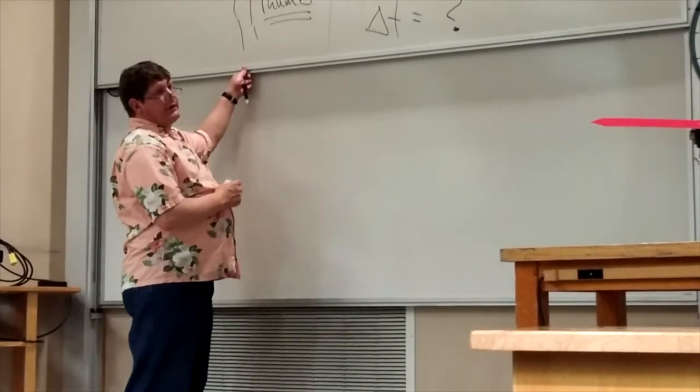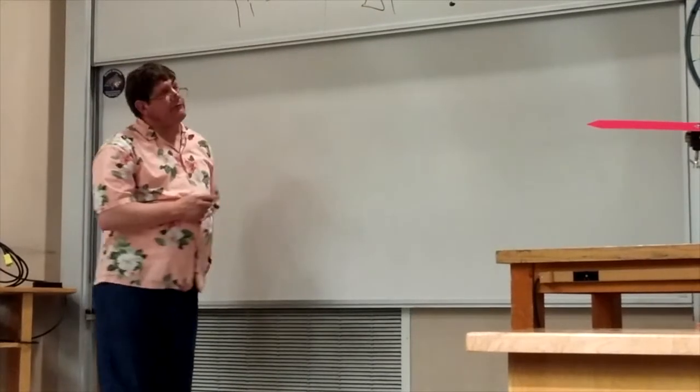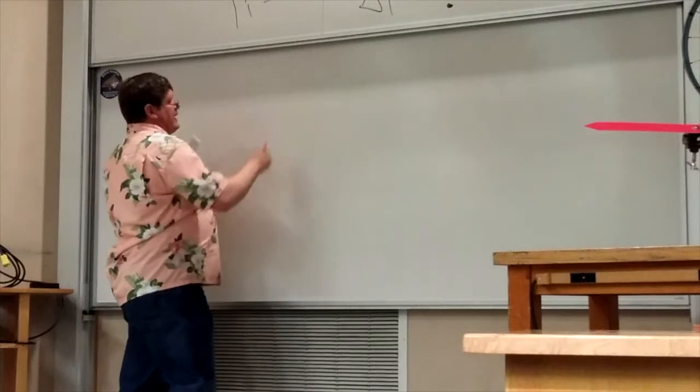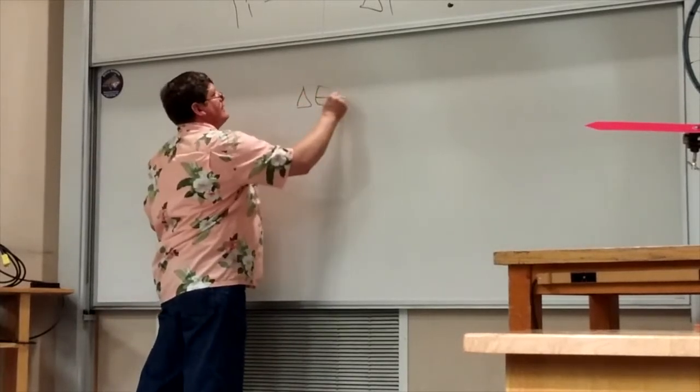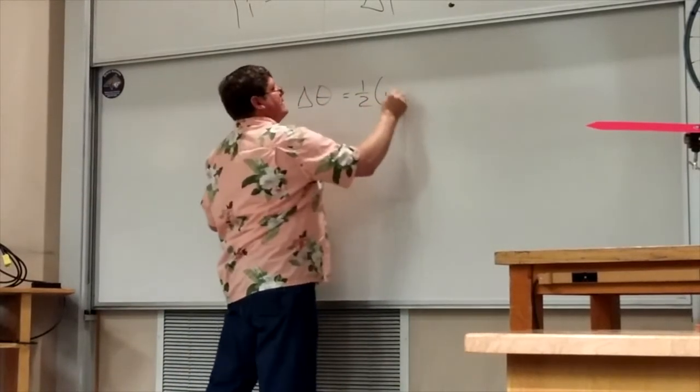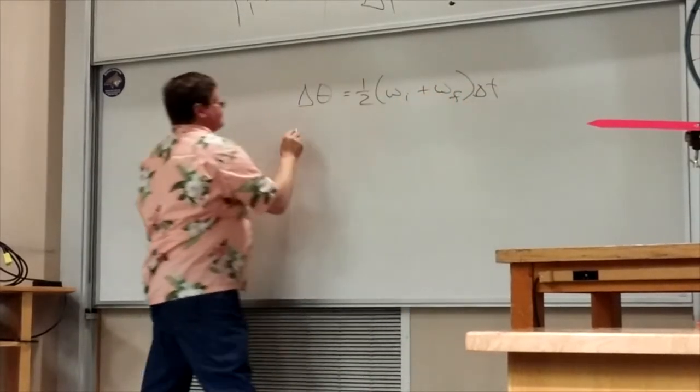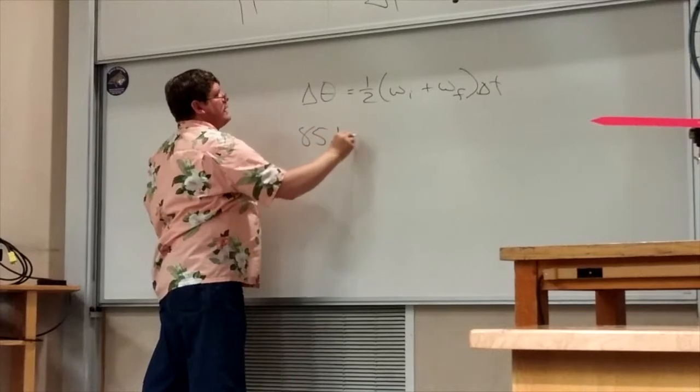The equation over there that does not have alpha in it is that second equation. So I would write delta theta is equal to 1/2 omega initial plus omega final, delta t. This is going to be 85.1.